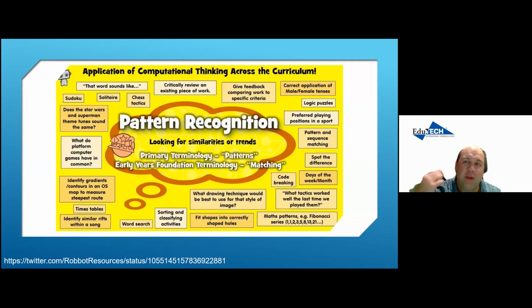And looking at rhyming words. Students are exposed to the concept of pattern recognition straight up in kindergarten. So when we start to delve deeper into packaging computational thinking in our students' minds, they already know the concept of pattern. It's just showing them a different way to look at it.